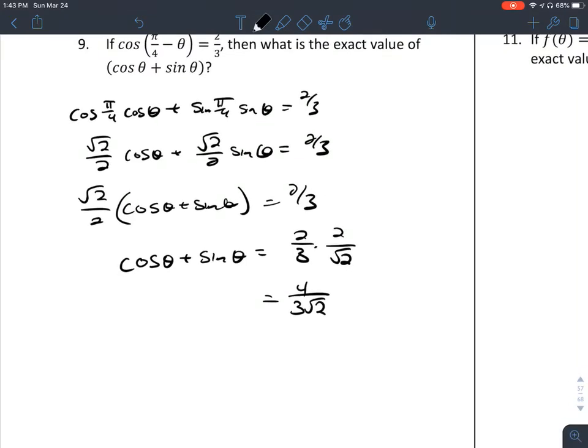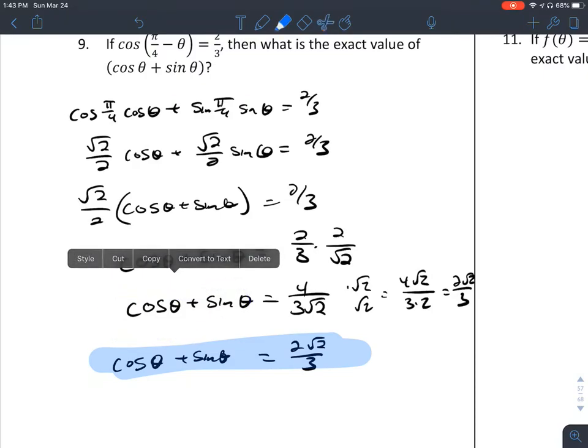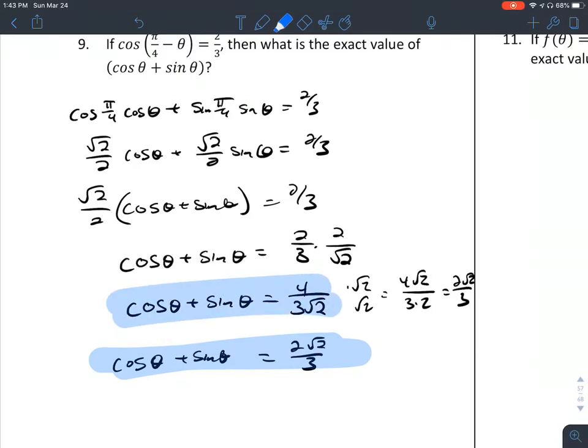If you want to go super mode and rationalize this, it's going to give us 4 square roots of 2 over 3 times 2. It's going to be 2 square roots of 2 over 3. There's a simplified version of the answer. Simplified meaning a rationalized denominator, and here's a non-rationalized version.